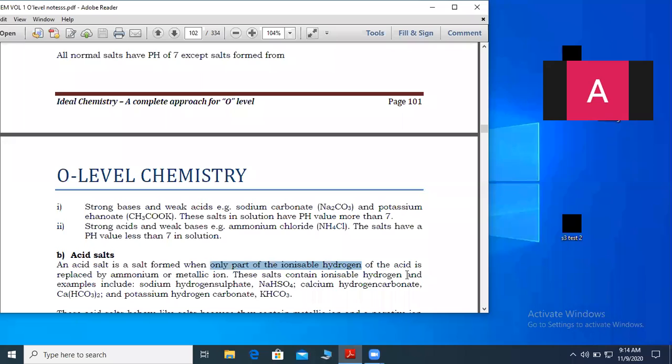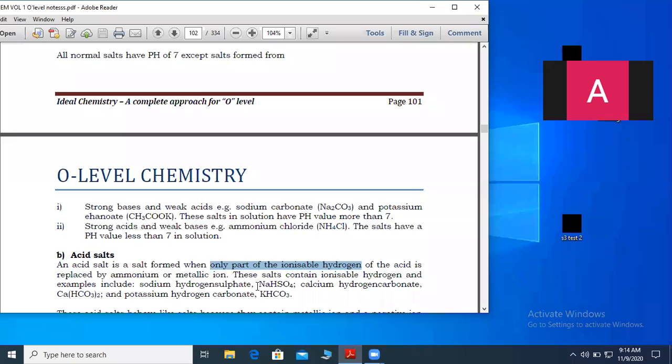So note the difference. For a normal salt, all the hydrogen of the acid is replaced by metallic or ammonium ion, and for acid salt, only part of the ionizable hydrogen is replaced by ammonium or metallic ion.